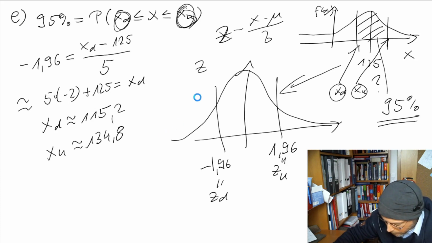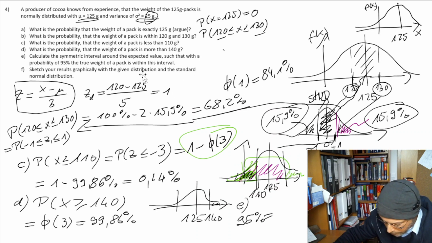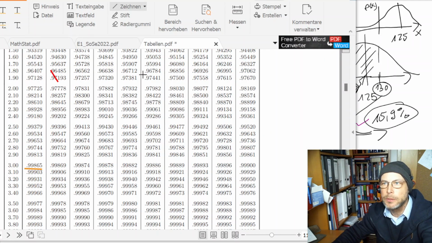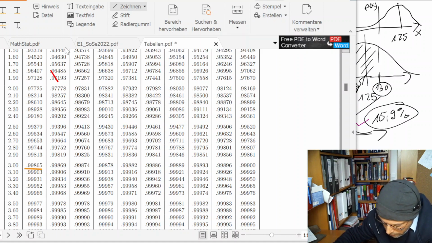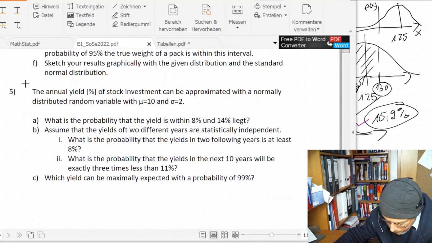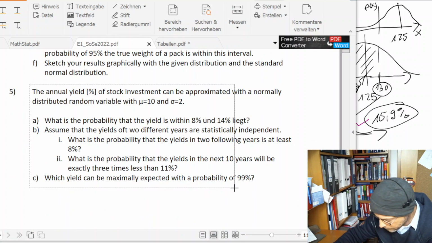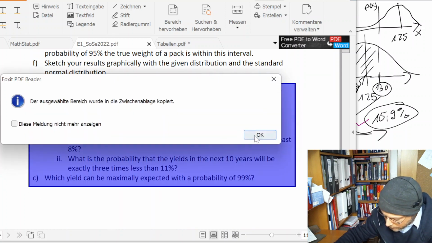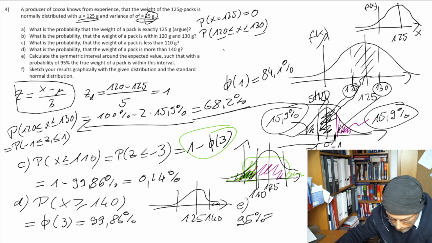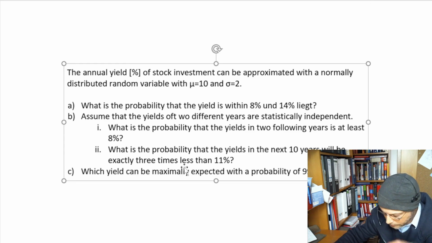So, the last one, sketch graphically. Okay, then we are done. Let's see. Should we do also the other question? There we go here. Some minutes we still have. And let's go here.